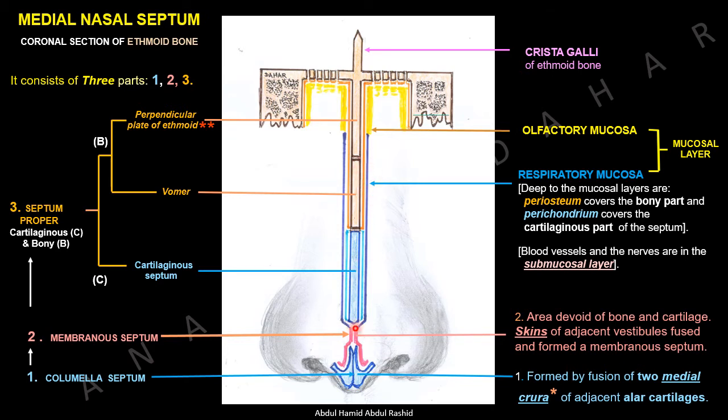This mucosa layer covers the cartilaginous and bony part right up to here. This is the respiratory mucosa, the biggest area of the nasal cavity. Above that is the sphenoethmoidal recess.